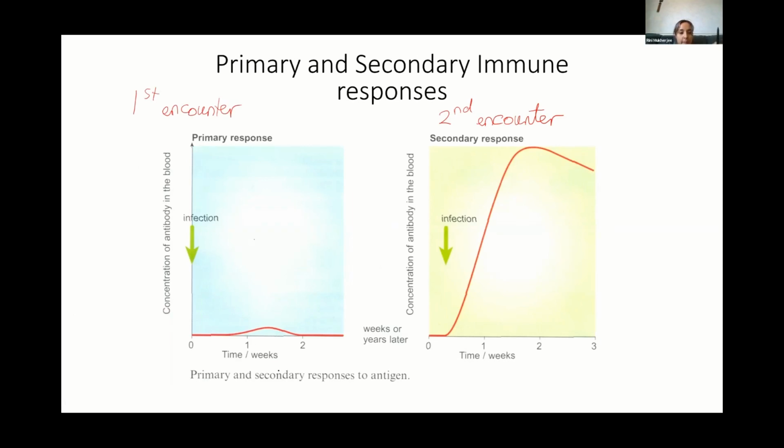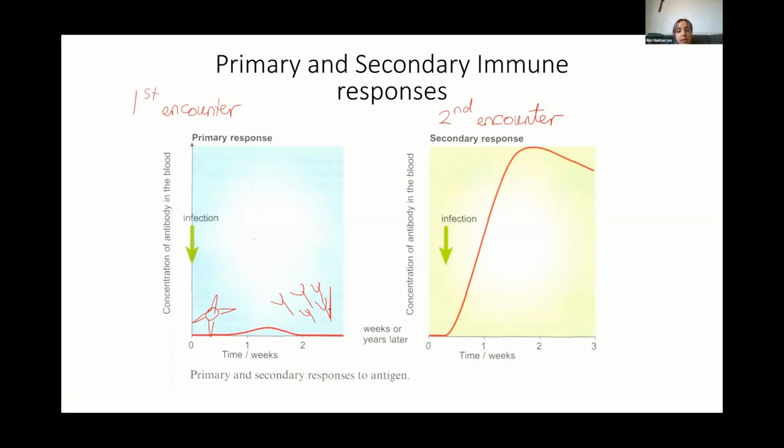So the first time that you get sick from a virus, this is once again the coronavirus, it takes your body some time to react and to produce its antibodies against it. That takes time. However, the massive benefit of this is that you have something called immunological memory.